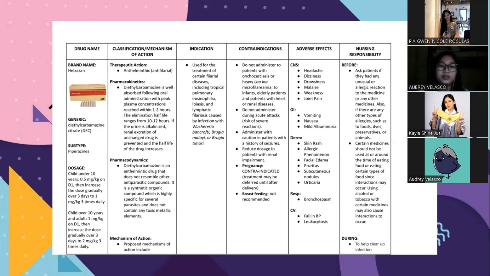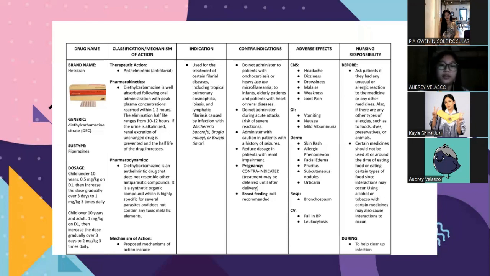The brand name for this is Hetrazan, and for the dosage, a child under 10 years old will receive 0.5 milligrams per kilogram on day 1. Then it will increase the dose gradually over 3 days up to 1 milligram per kilogram 3 times daily.